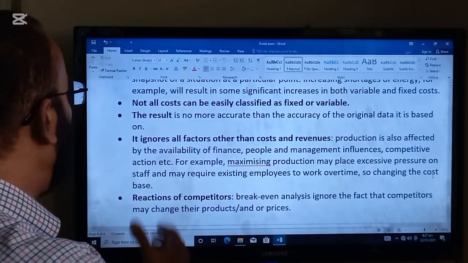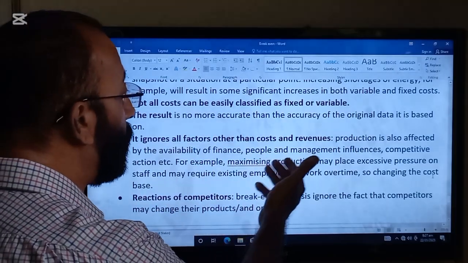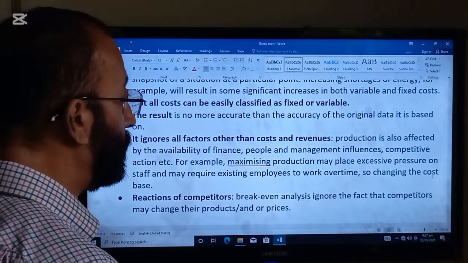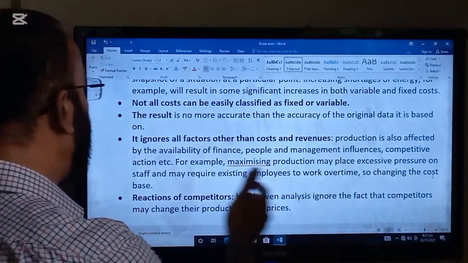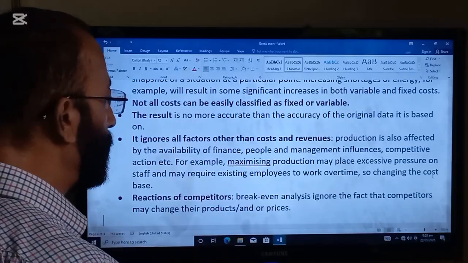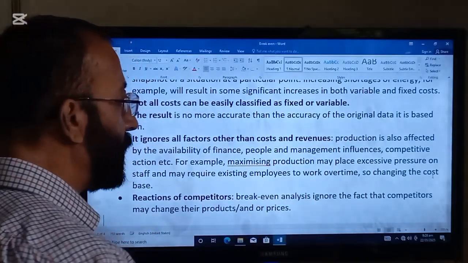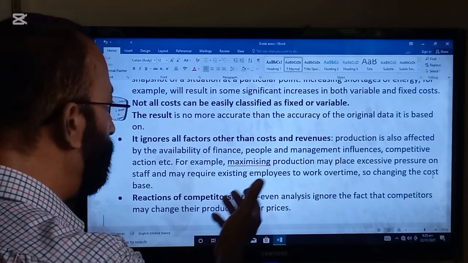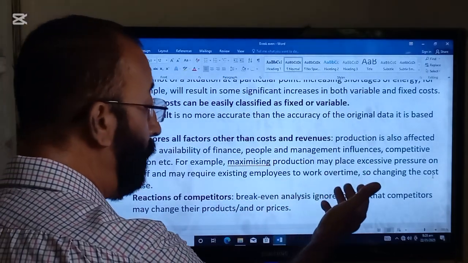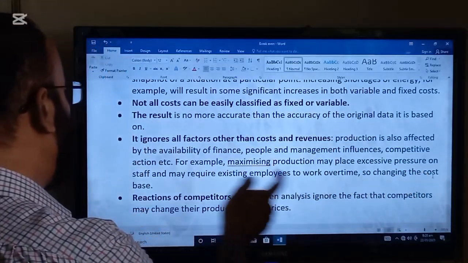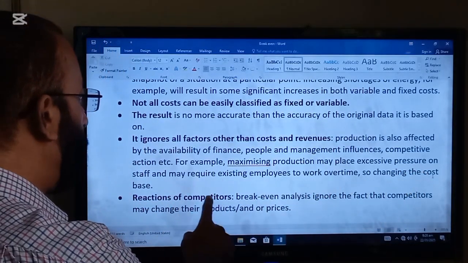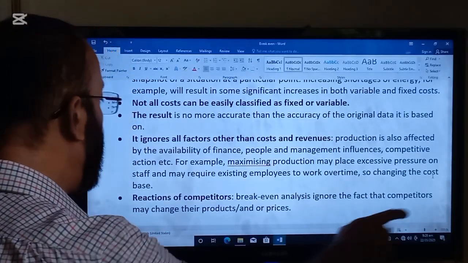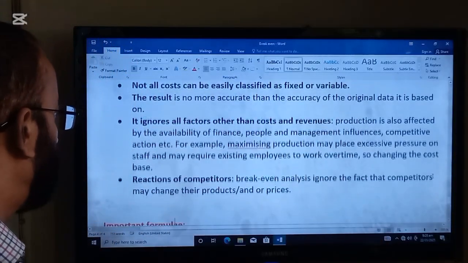Next drawback is that it ignores all factors other than cost and revenue. There are more factors also. Production is also affected by the availability of finance, people and management influences, competitive action, etc. For example, maximizing production may place excessive pressure on the staff and may require existing employees to work overtime, so changing the cost base.